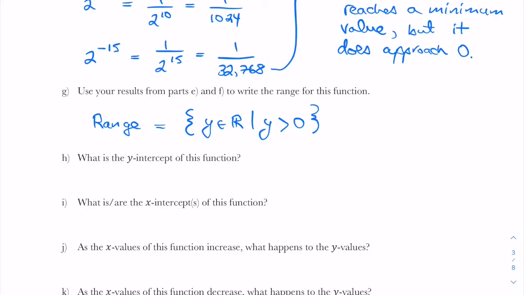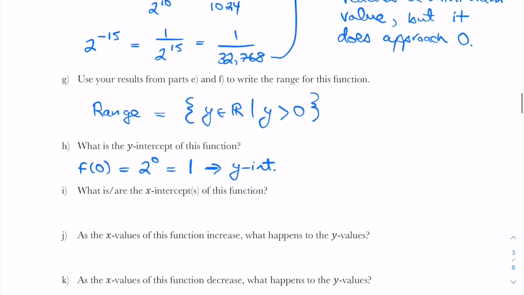Well, as we learned last unit, the y-intercept is always the y value that occurs when x is 0. So if you substitute 0 for x, we get a y value of 1, which is the y-intercept. That means the function crosses the y-axis at a y value of 1. Go back to the graph and make sure for yourself that the y-intercept is actually 1.